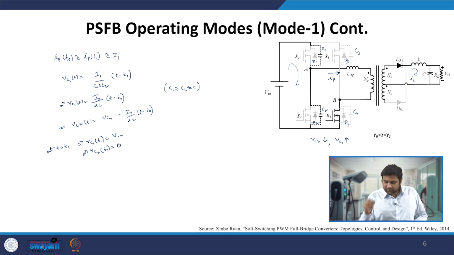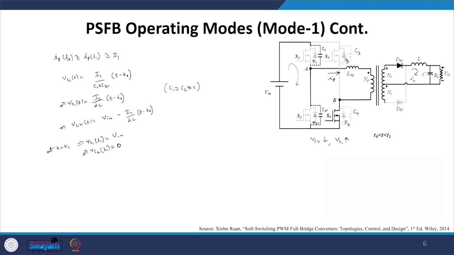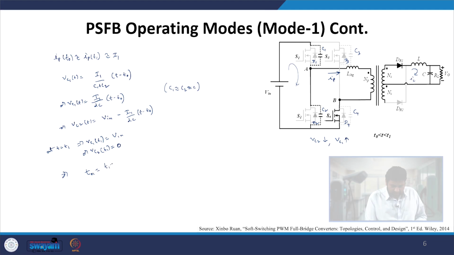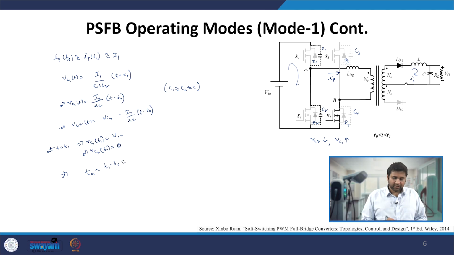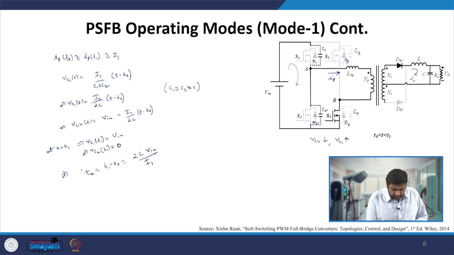So at t equal to t1 we will get this particular scenario which is shown over here. If we write this equation, the time between t0 and t1, which is t1 minus t0, is nothing but equal to 2C Vin by I1.